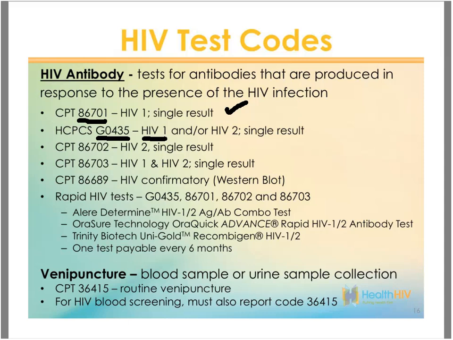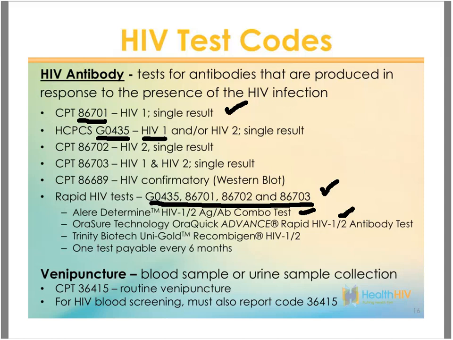Now, if you're performing any rapid tests, the codes described in this slide are typically used to report the rapid tests. And so I provided for you some examples: OraSure Technology, Alere Determine, Trinity Biotech Unigold. These are the typical tests that are performed in conjunction with the codes reflected on the slide.